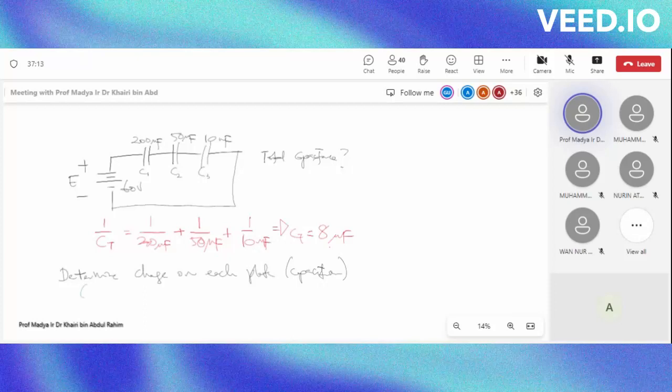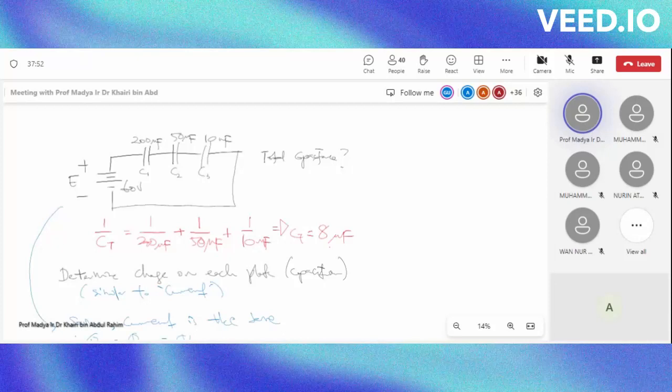So the charge on each plate is very similar to current. So this is series. We do know that in series, current is the same. And we can say Q1. Okay.